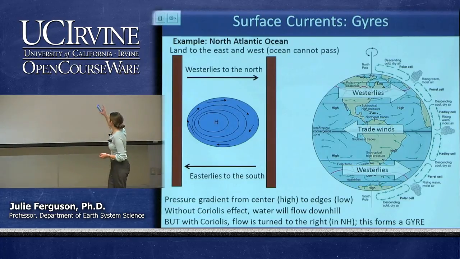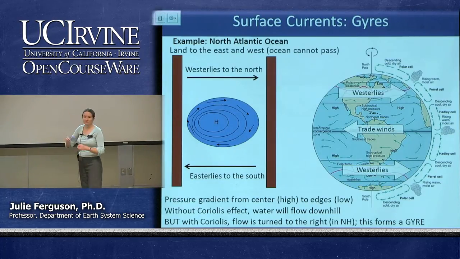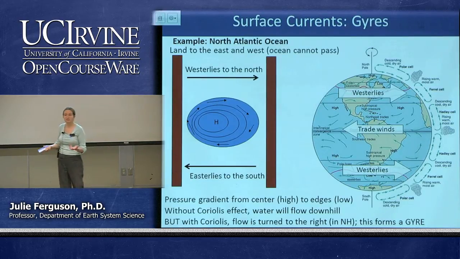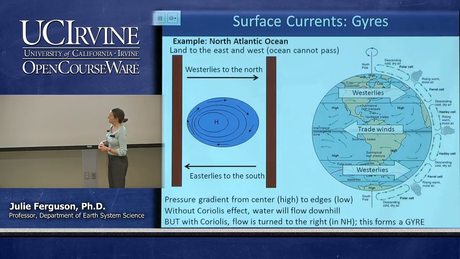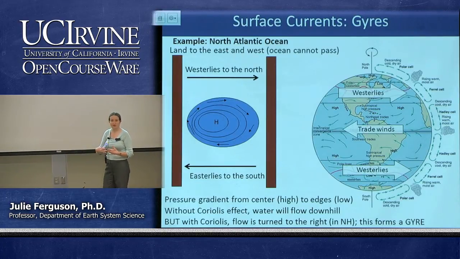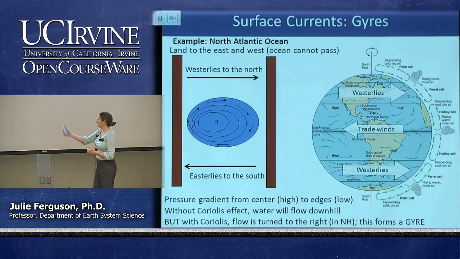So you can see that as we get water moving out of that little high area of ocean, it gets deflected to the right. And what we end up having is water moving around that area of high pressure, just like we would around an area of high pressure in the atmosphere, that we talked about last week. Okay? So we end up with our pressure gradient in water this time rather than air, and we still get deflection to the right in the northern hemisphere.